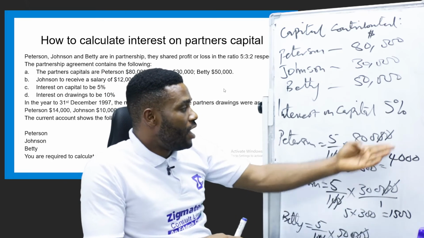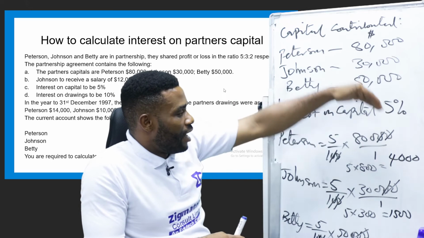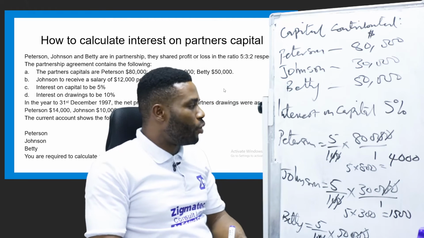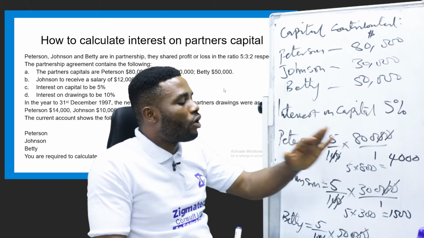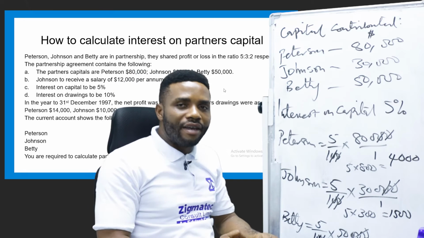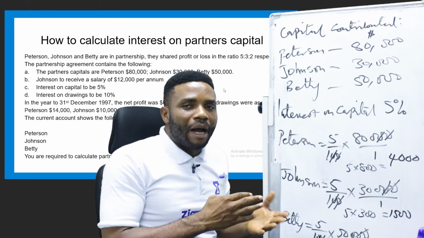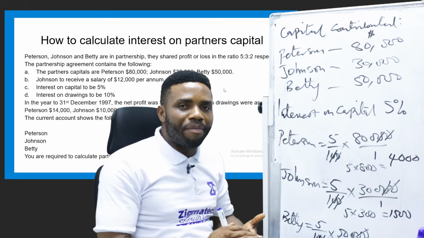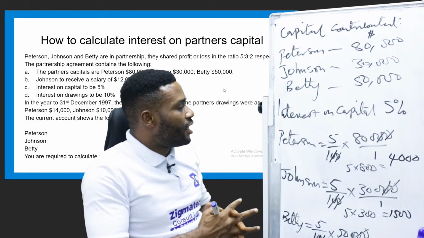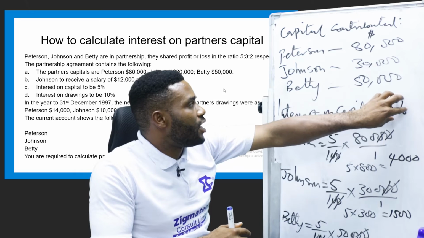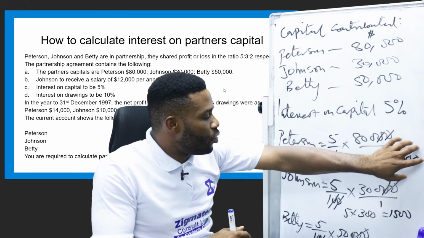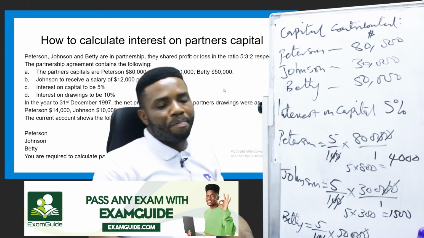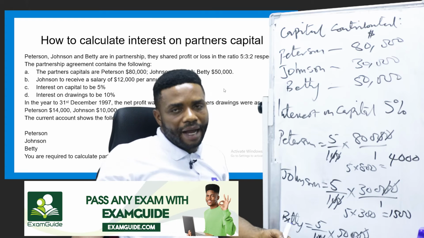You can see now that the higher the capital, the higher the interest that is given to you. So this is how to calculate. At all times, whenever you are given the capital contributed by partners and the interest on capital, please don't hesitate to charge the percentage on the capital. These are the figures that will now be posted to the partners' current accounts.